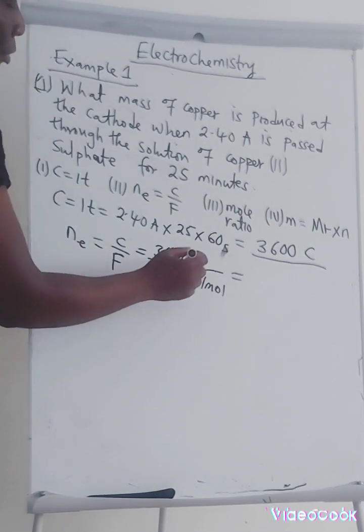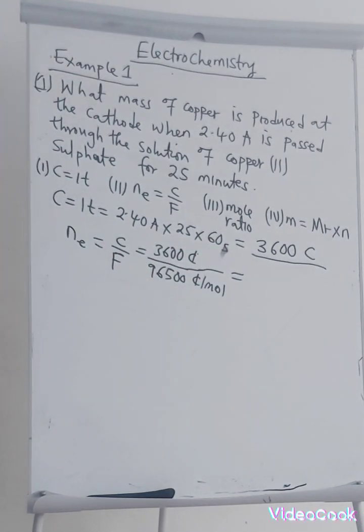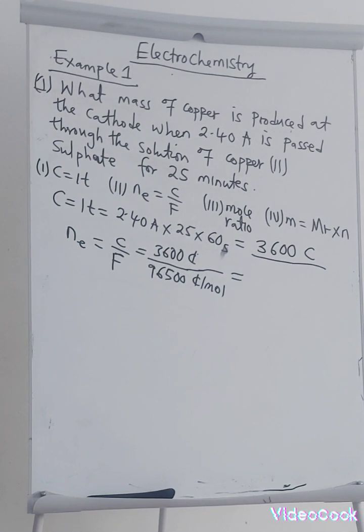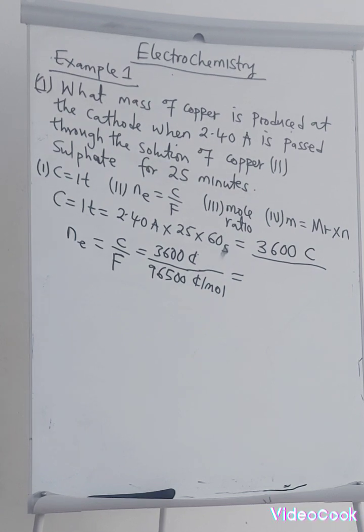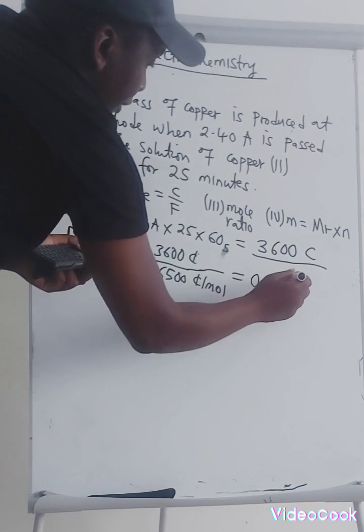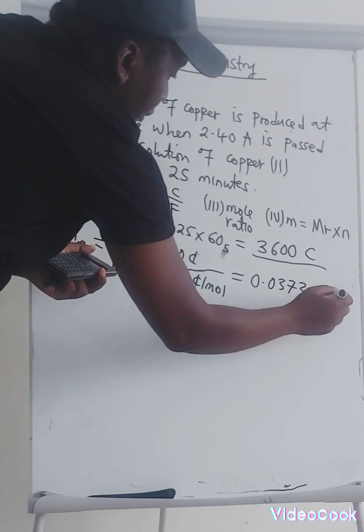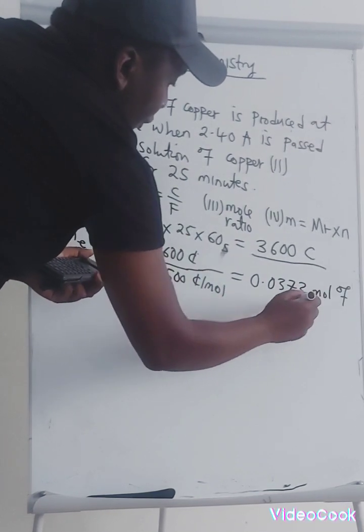The coulombs cancel, so we have 36,000 divided by 96,500. That is 0.373 moles of electrons.